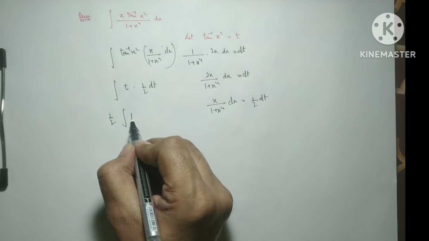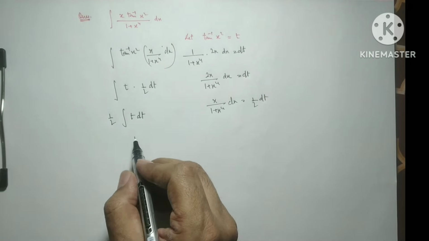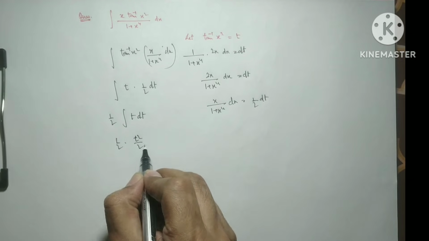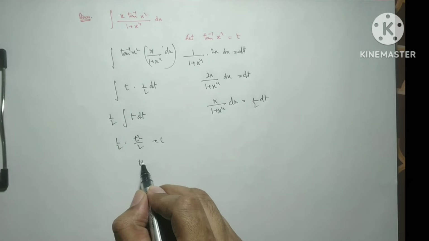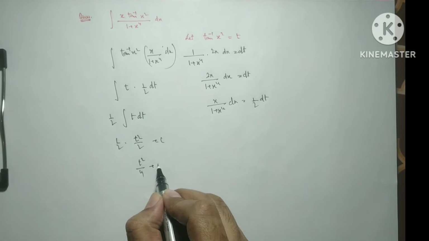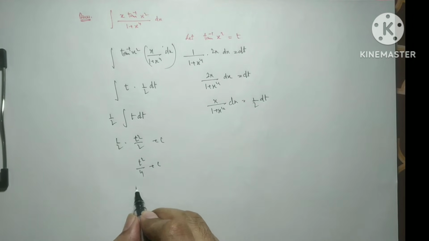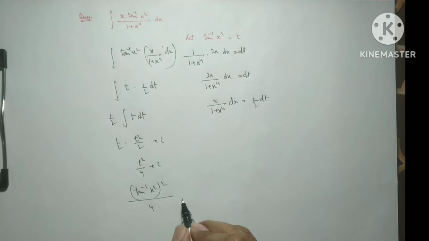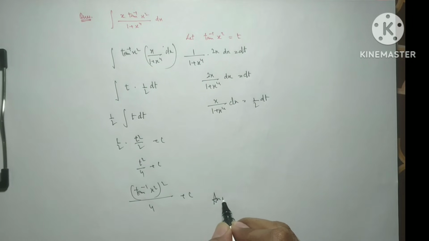So the integration of t with respect to t, that is t square by 2, becomes t square by 4 plus c, which means tan inverse x square whole square by 4 plus c. So this is the answer.